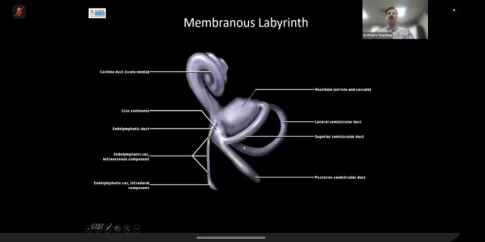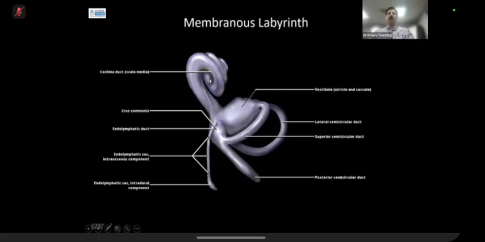Inside is a fluid-containing structure, known as the membranous labyrinth. Some of the names are common, for example cochlea and vestibule. So there is a bony labyrinth, or an exoskeleton, and an internal skeleton which has fluid. The fluid will be well seen on MR and the bony component will be well seen on CT scan.